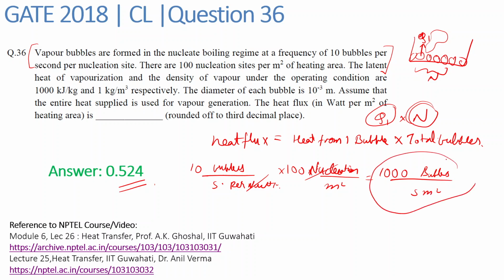So this we have as n. Now we have to find the heat from one bubble. For this we have been given the latent heat of vaporization as 1000 kilojoule per kg.